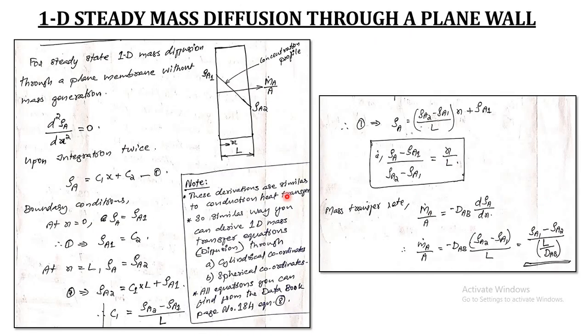All the derivations are similar to conduction heat transfer. In a similar way you can derive the one-dimensional mass diffusion equation in cylindrical coordinates as well.